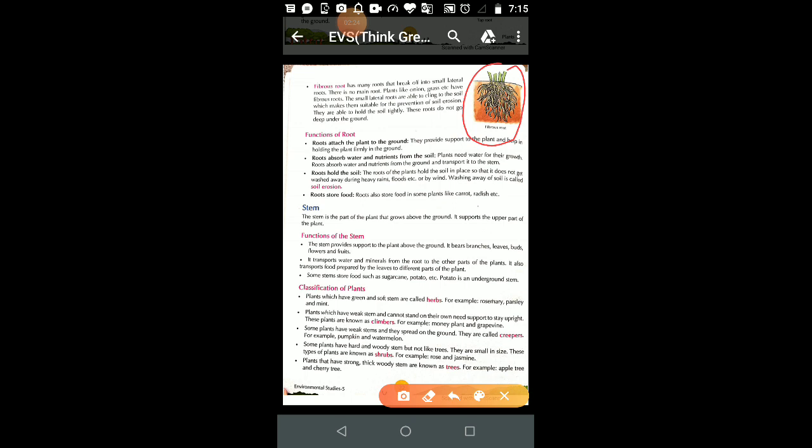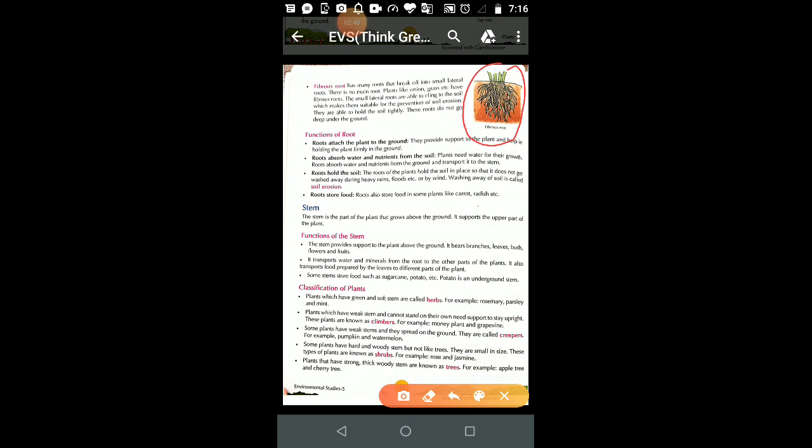A fibrous root has many roots that break off into small lateral roots. What happens in the fibrous root? A fibrous root does not have a main root like a tap root. After that we discussed the functions of a root. Roots attach the plant to the ground.